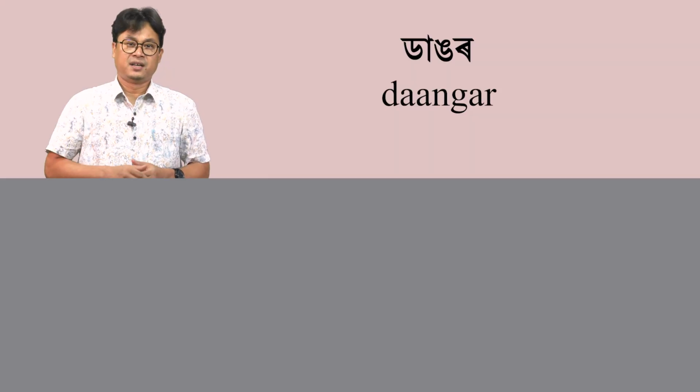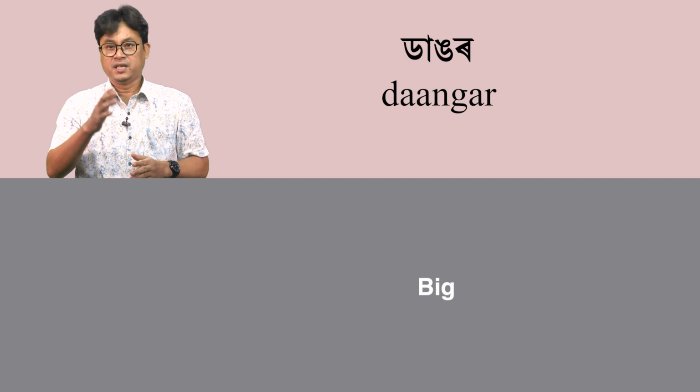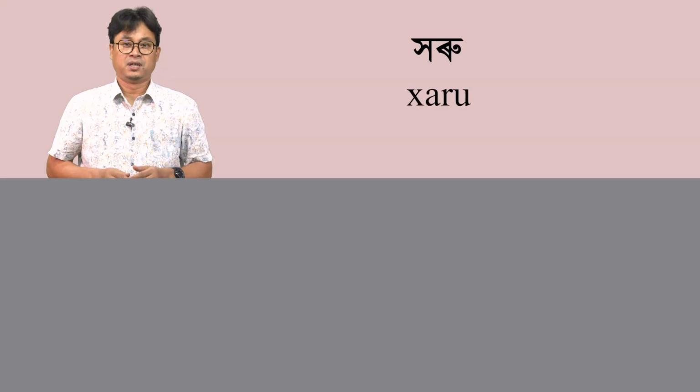For example, when we learn the meaning of the word dangor, that is big, our understanding becomes clearer and sharper when we also learn its opposite horu, which means small. This contrast creates a semantic boundary and makes meaning easier to grasp and remember.